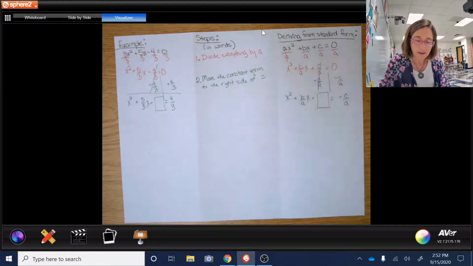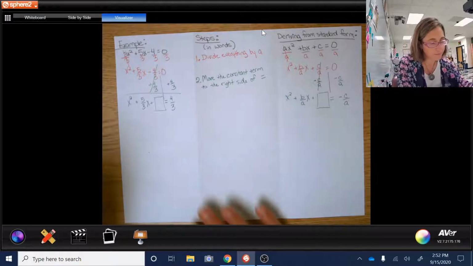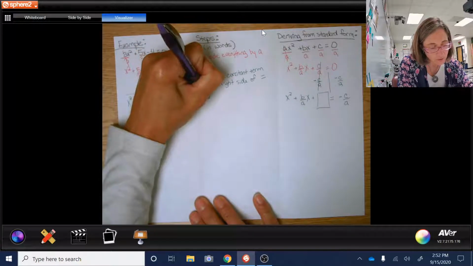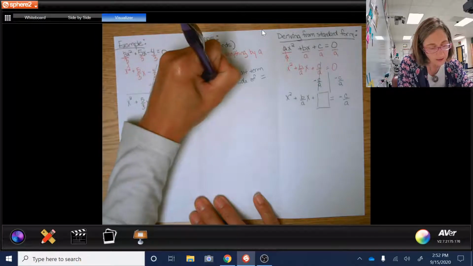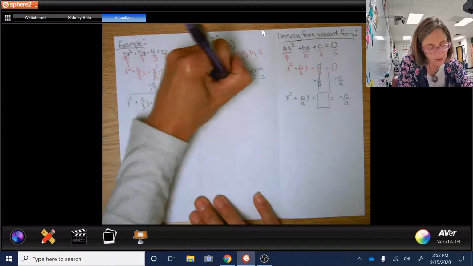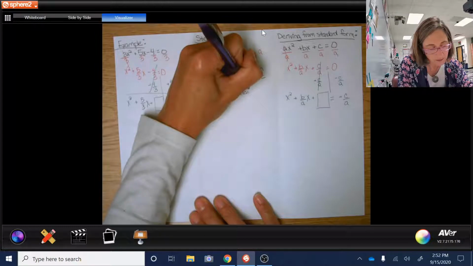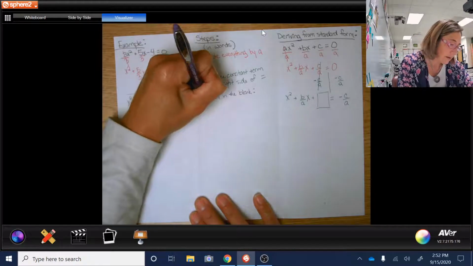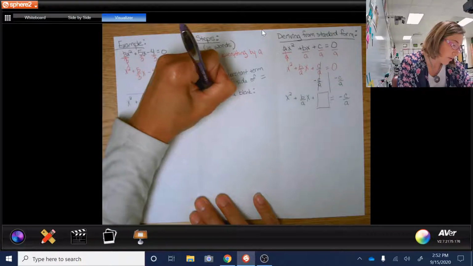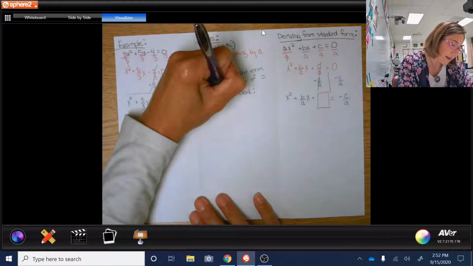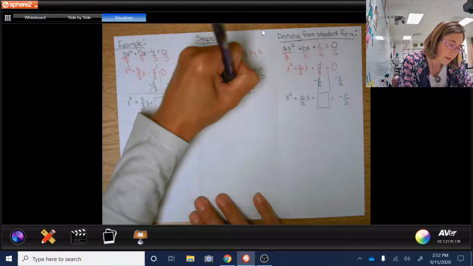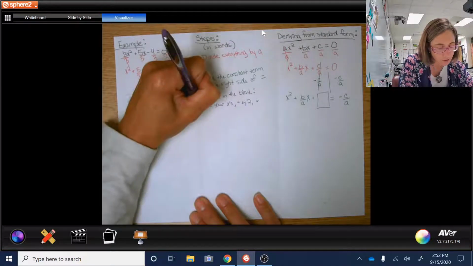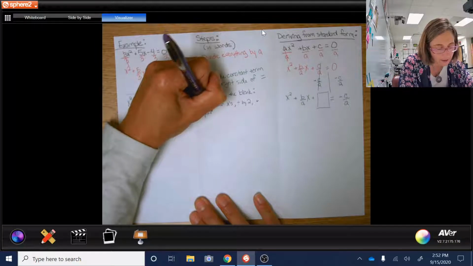So let's get this in steps here. So to fill in the blank, take your x's, divide by 2, and square that.